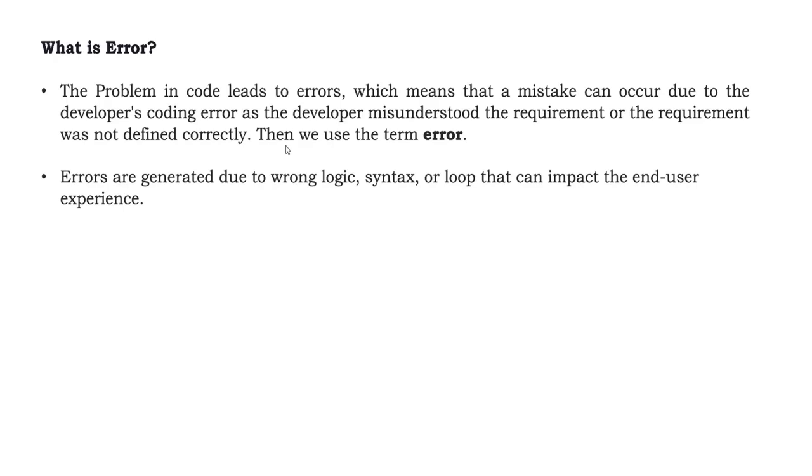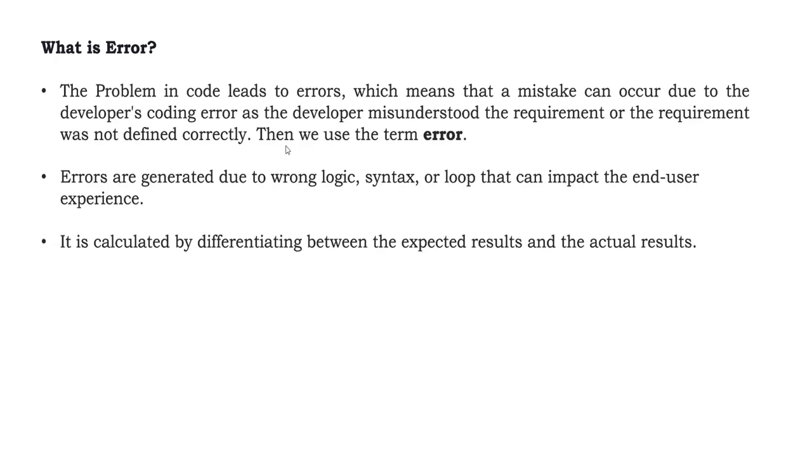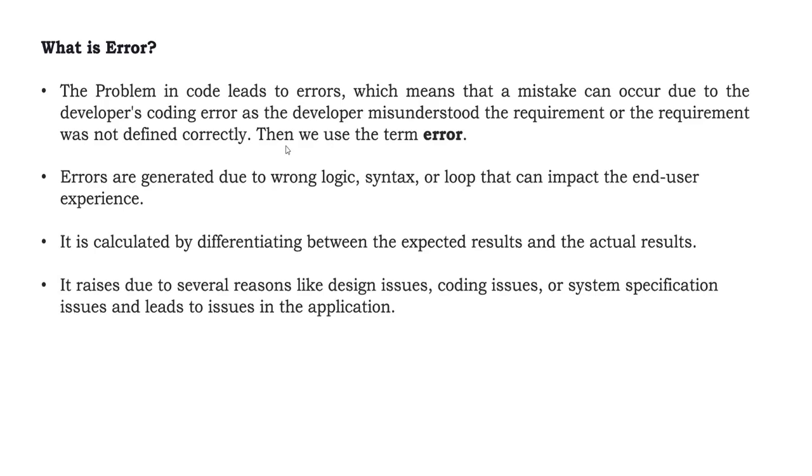Because of that, the end user is getting impacted, and it leads to an infinite loop. It is calculated by differentiating between the expected results and the actual results. It arises due to several reasons like design issues, coding issues, or system specification issues, and leads to issues in the application.